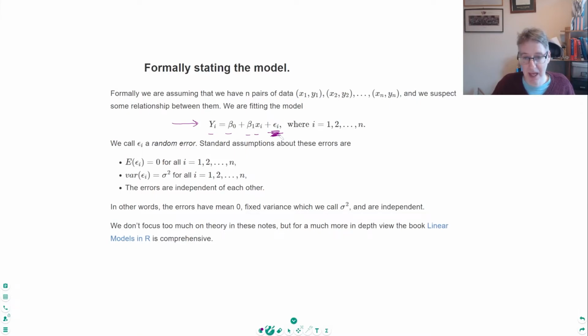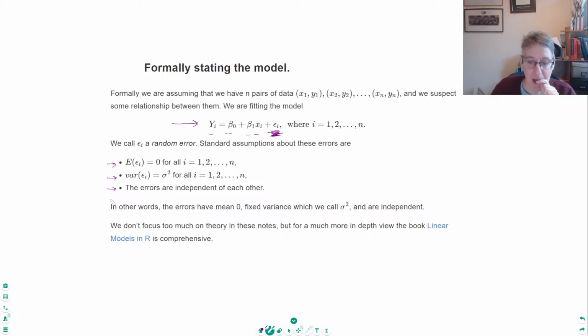The assumptions we need in order for our linear model theory to work are that these random errors, these epsilon i's, have a mean of 0, they have expectation 0, a variance which is fixed, and that they are independent of each other. In other words, the errors have mean 0, fixed variance, which we call sigma squared, and are independent.